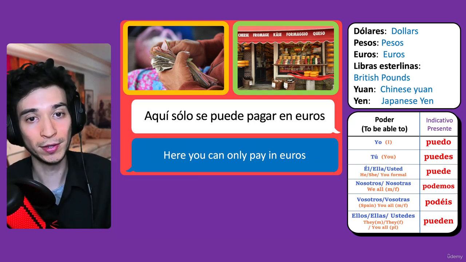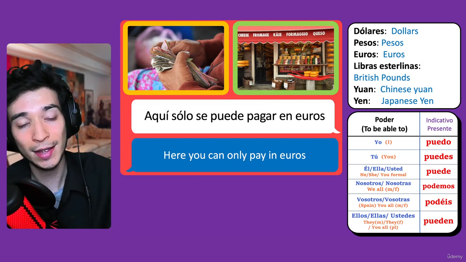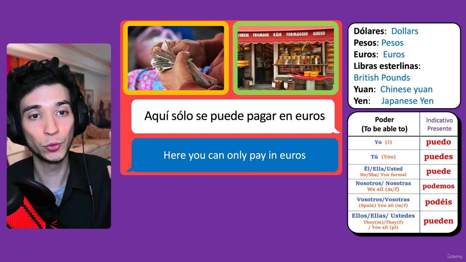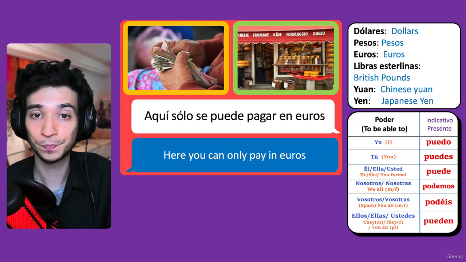Aquí solo se puede pagar en euros. So solo can mean only, and it can mean alone. So here you can just pay in euros alone. It's kind of like saying just euros alone. So yeah, only in euros.